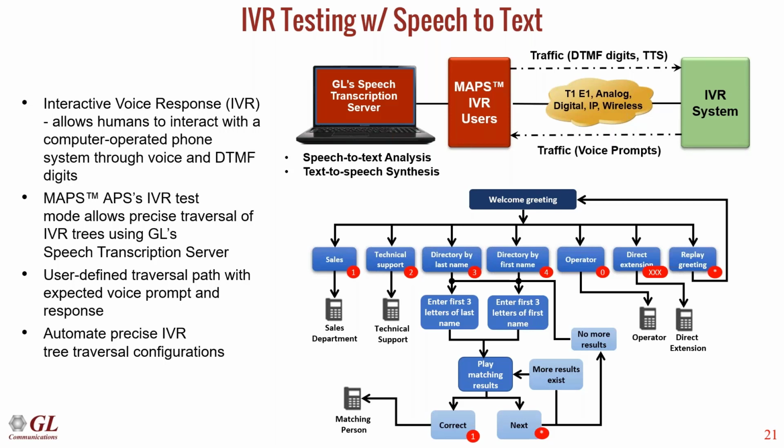So all this back and forth can be done using the APS, using a specific script of detecting where we are in the IVR based on detecting energy and silence and so forth, and then sending the proper DTMF digits throughout the IVR.